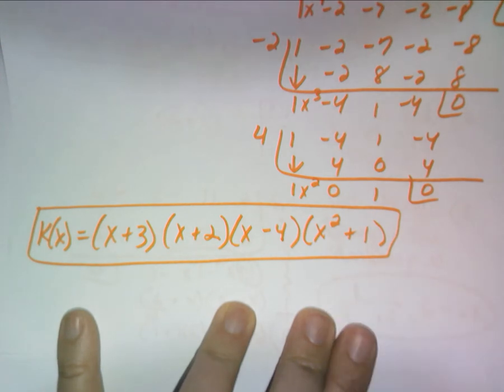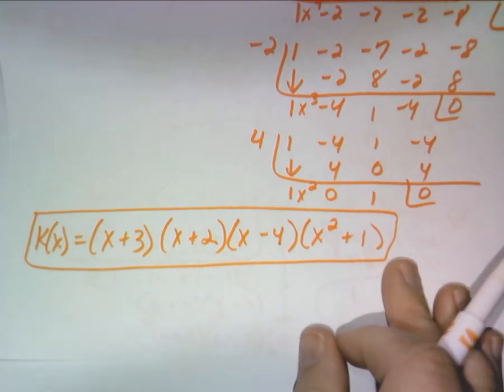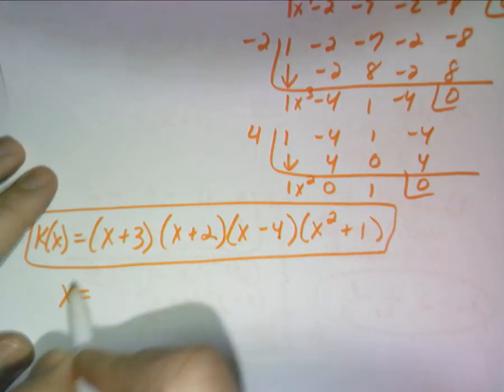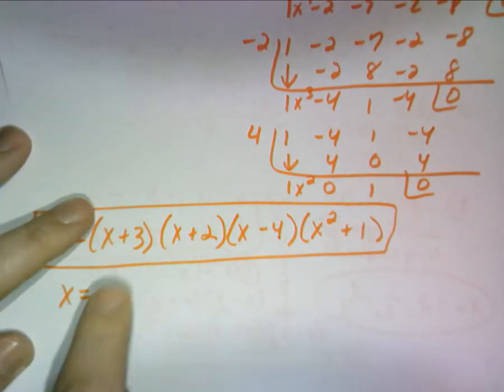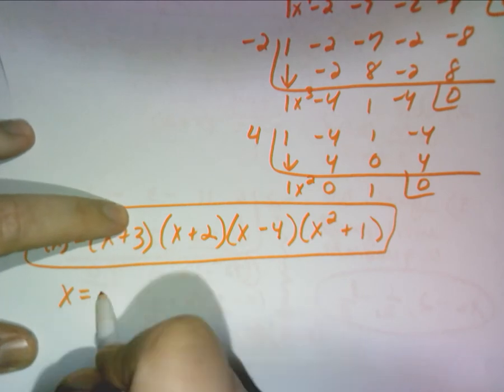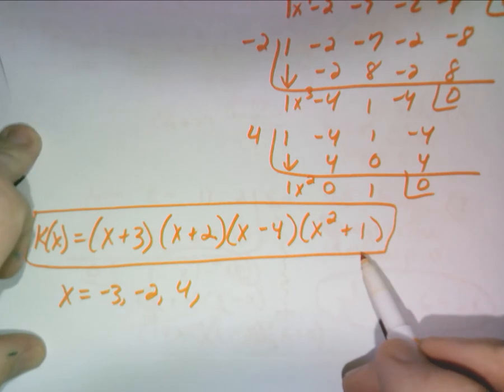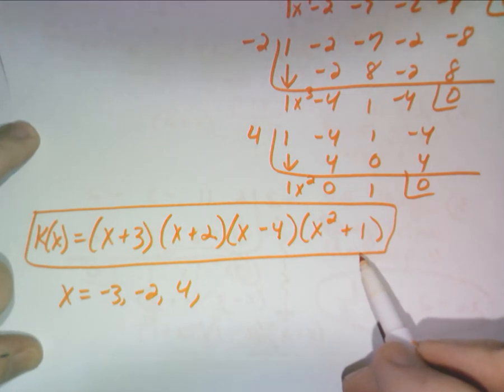This is how you do any factoring polynomial. Like when you get lost, find a 0. Find a 0 and you can factor. Now here's my question though. The answer to the second part of this, list all the zeros, okay? So what would all the x's equal then? This is easy. So it's going to be -3, -2, 4. What is this one? 1. No. I. Yes.